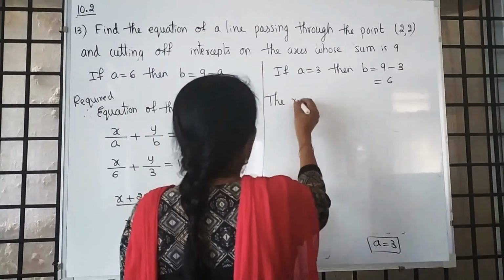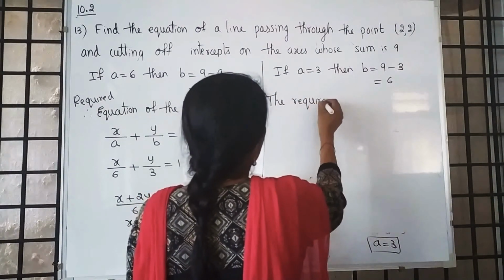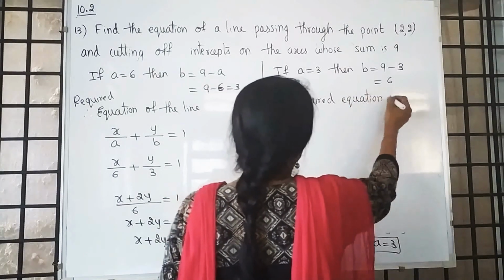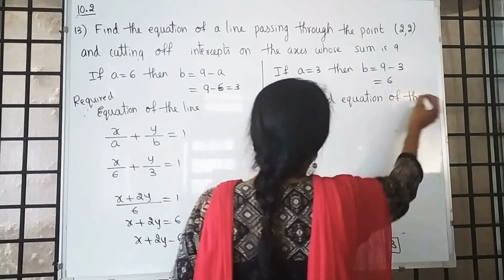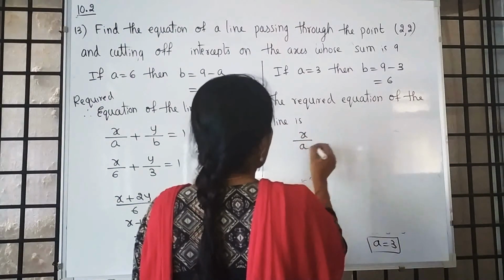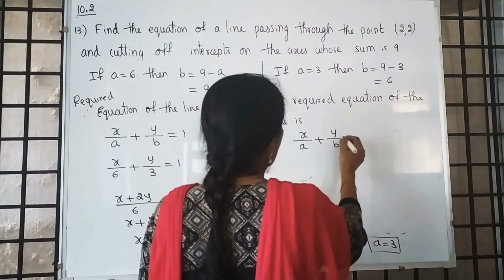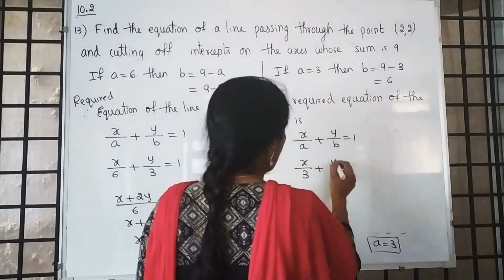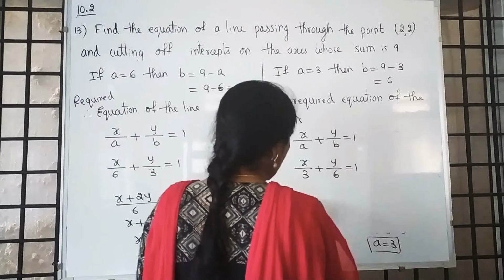The required equation of the line is x upon a plus y upon b is equal to 1. x upon 3 plus y upon 6 is equal to 1.